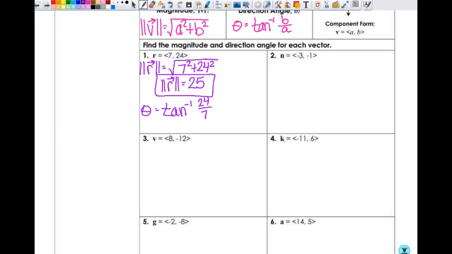Shift mode, and then pick whatever number is degrees. And you should get 73.740. All right. What questions do you have? All right, y'all do number 2.